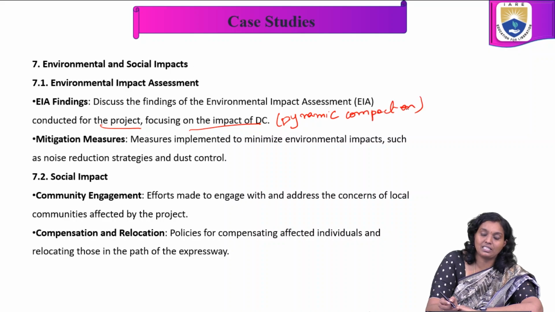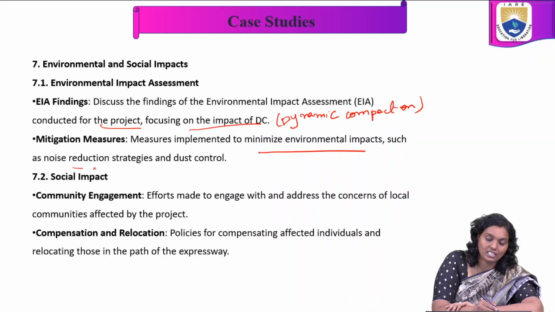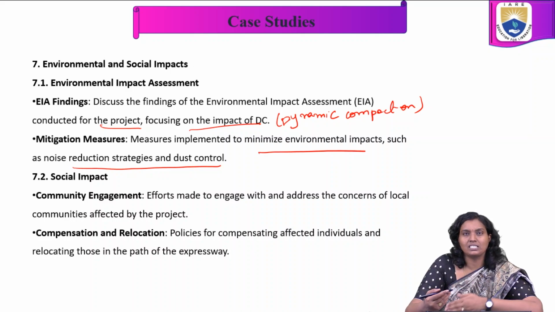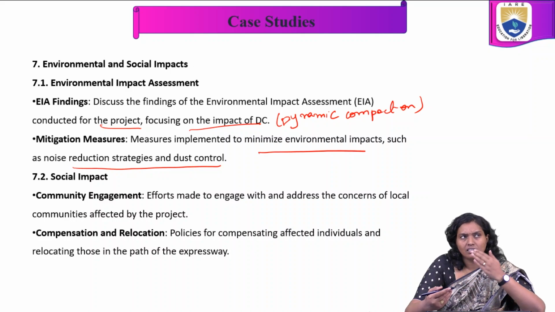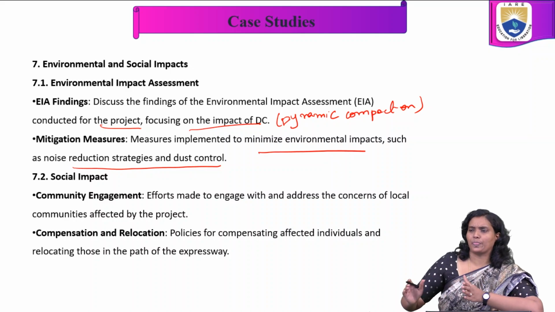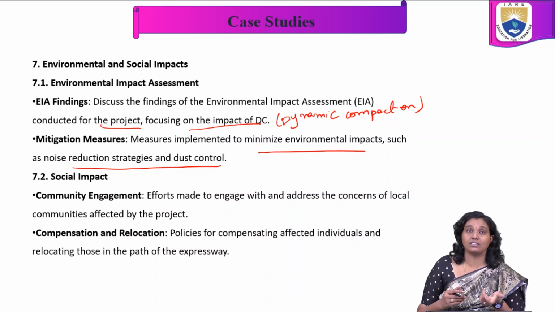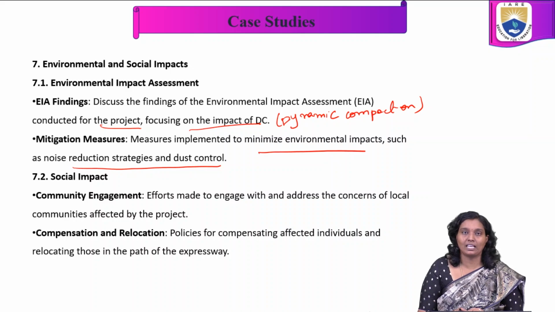The mitigation measures to minimize the environmental impact are noise reduction strategies, where we use some peak periods, and dust control by water spraying. These are the mitigation measures we choose for this environmental impact assessment.